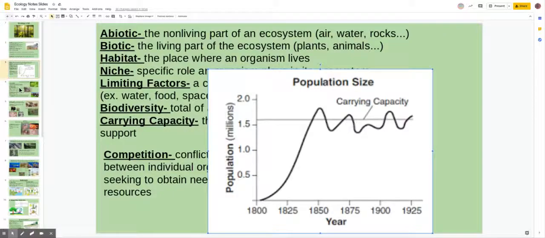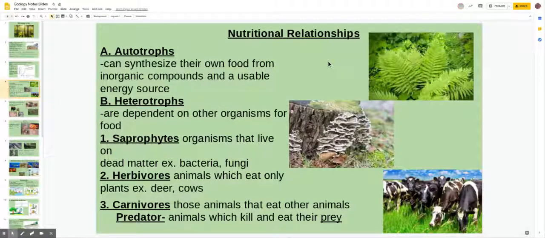All right, so let's look at nutritional relationships. Some of these are going to be old hat, and we're going to throw in some more complicated, potentially newer ones as well. Autotrophs automatically make their own food. These are the plants. They can synthesize their own food from inorganic compounds. Just a reminder of what inorganic means.